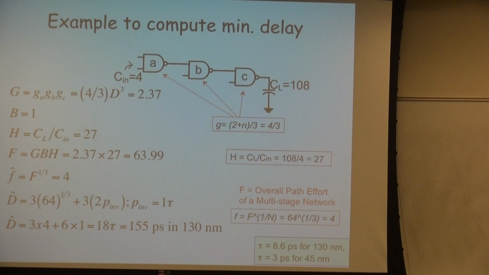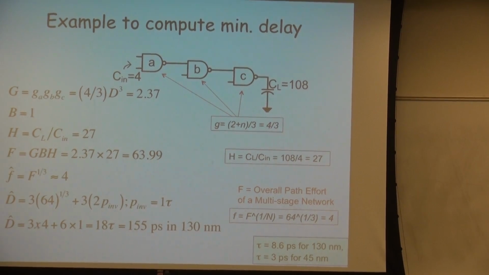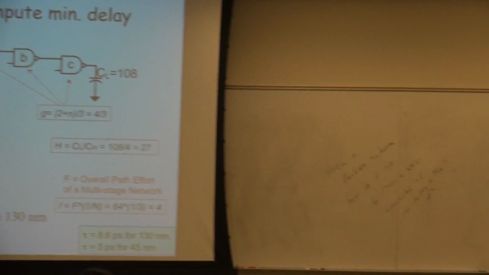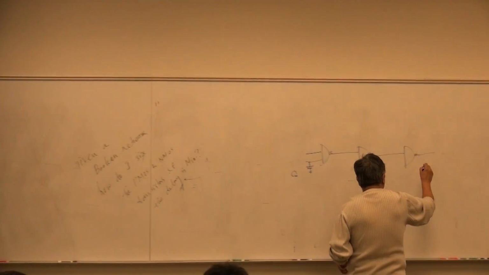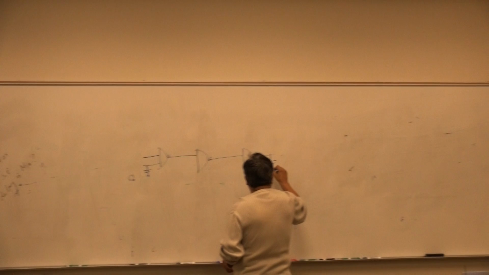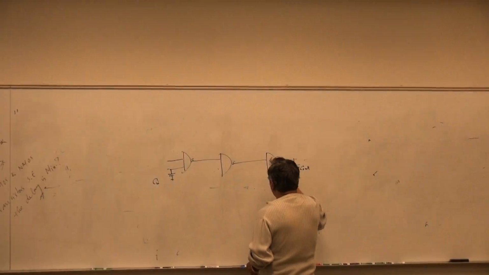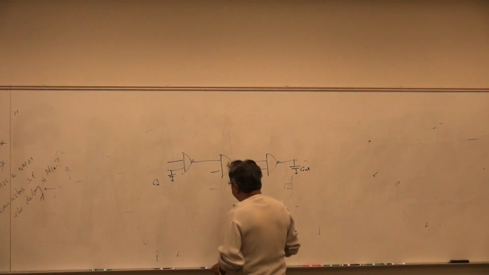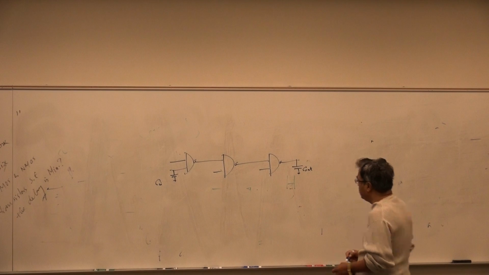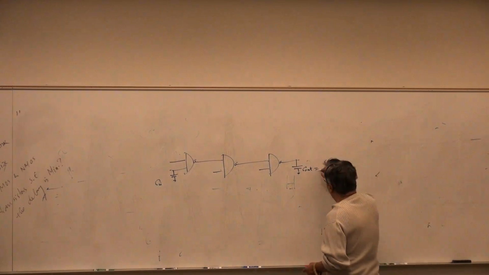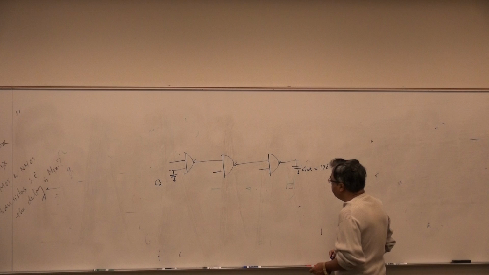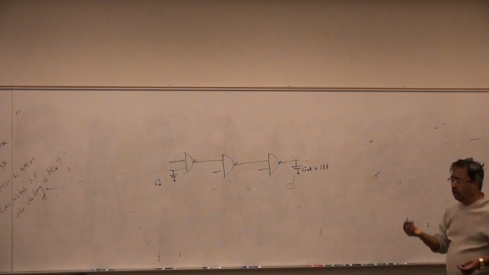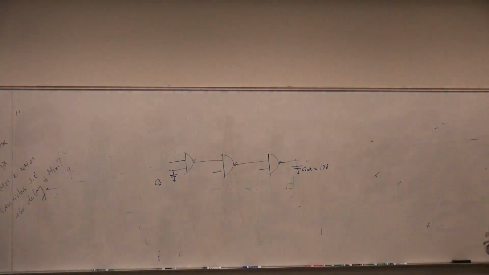So this is my C in and this is my C out. So C out is going to say 108. It may be driving a long bus or something like that.